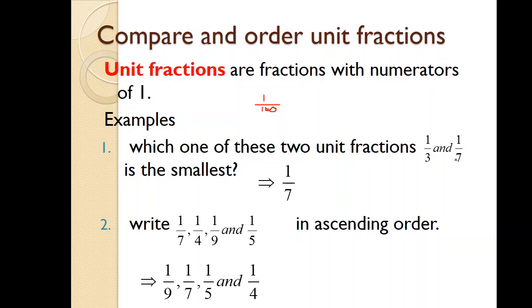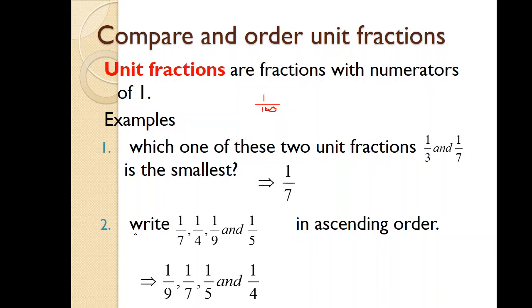When the denominators are different but they all have a numerator of 1, the one with the smaller denominator is the bigger fraction. Please take note, the one with the smaller denominator is the biggest one, and the one with the bigger denominator is the smallest one. That's why 1 over 7 is smaller compared to 1 over 3, or I can say 1 over 7 is less than 1 over 3.